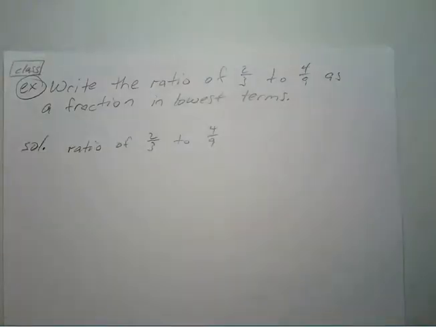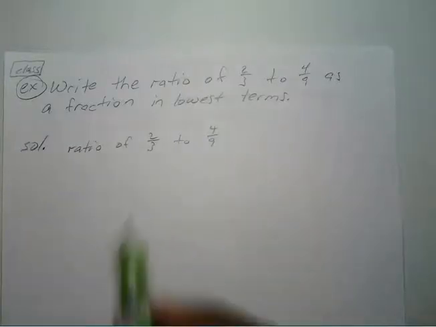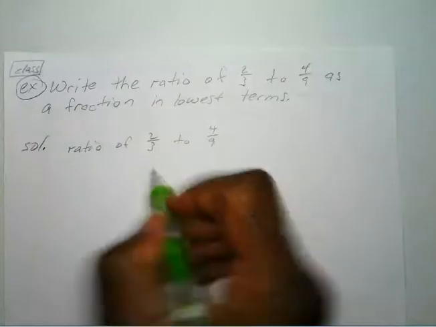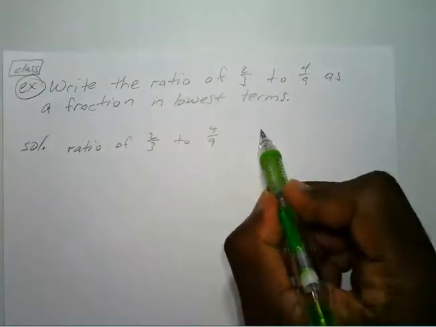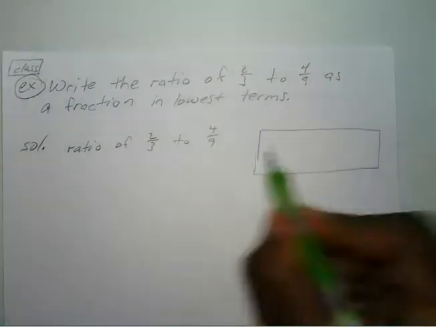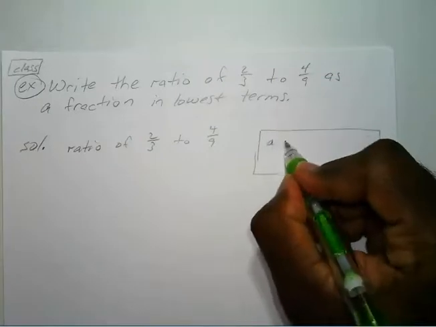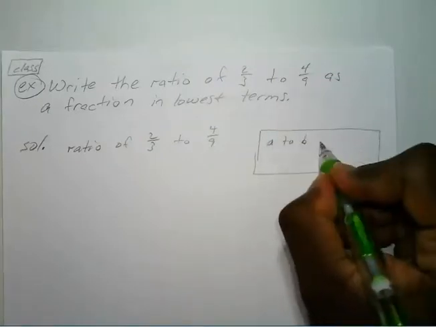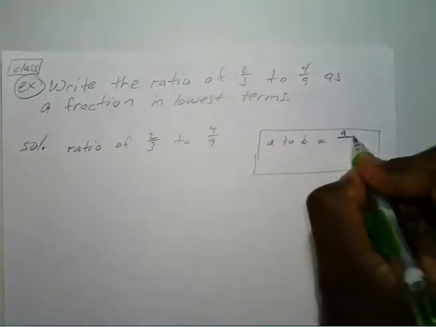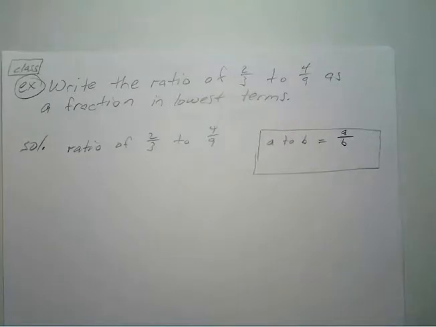Okay, now even though it looks a little bit different, it's still the exact same process. Nothing has changed. Because remember, if you have a ratio, put a little side note here, a ratio of A to B, that would be from A to B. Same thing here.